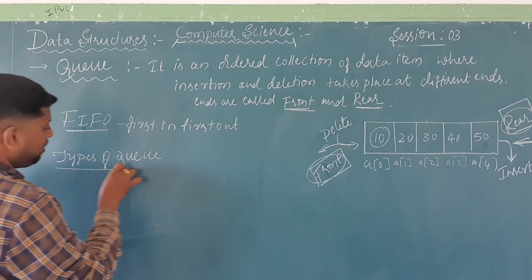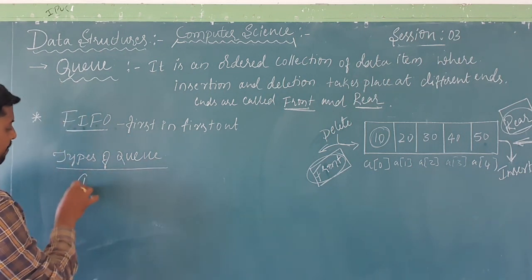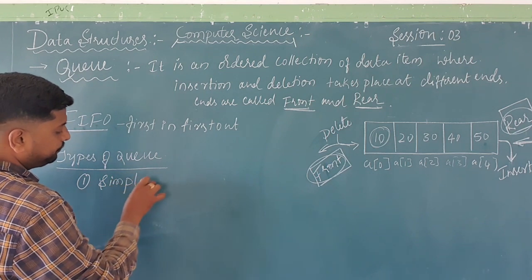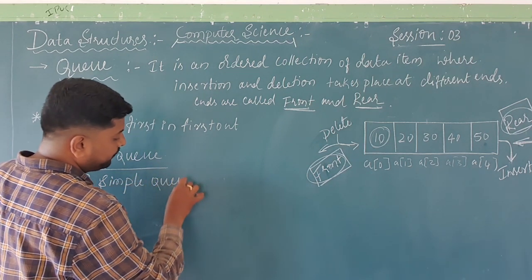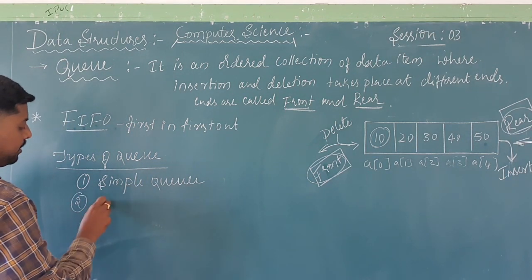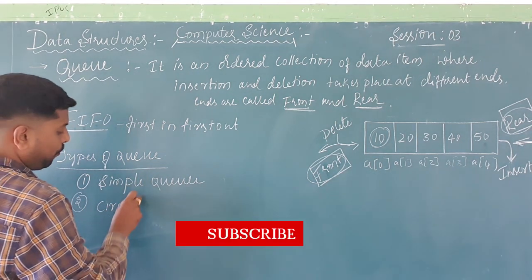In the types of queue, the first type is the simple queue. The second one is the circular queue.